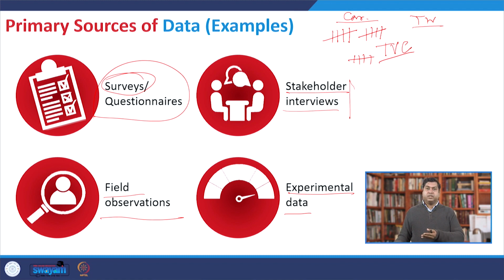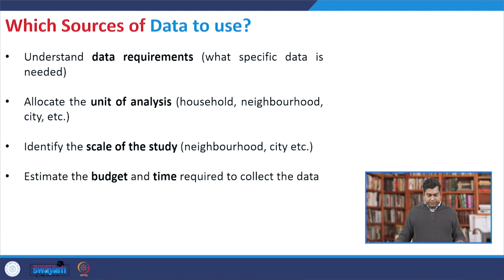In both cases you give some input, and with the process and the algorithm that you fit into that program, it will give you some sort of output. So these are a few broad ways that help you to collect the primary information.